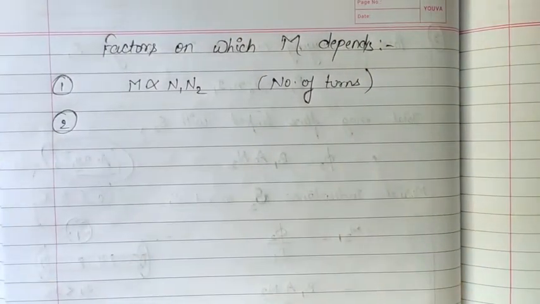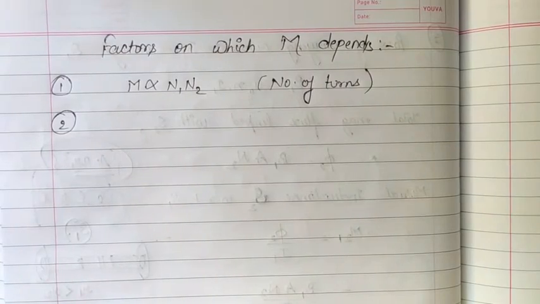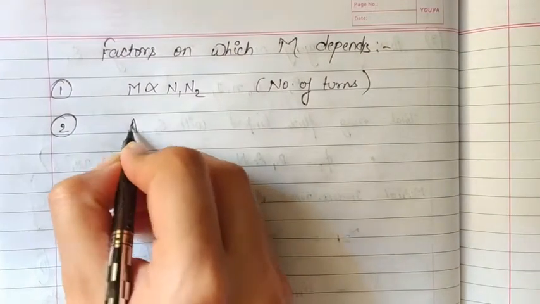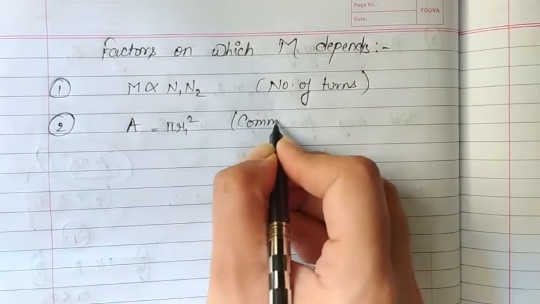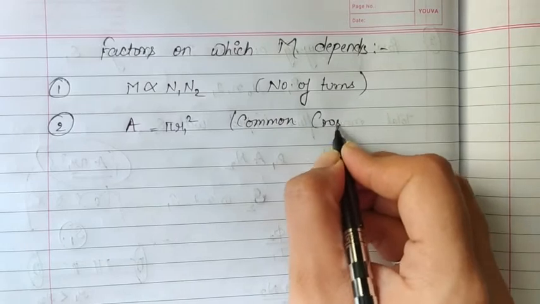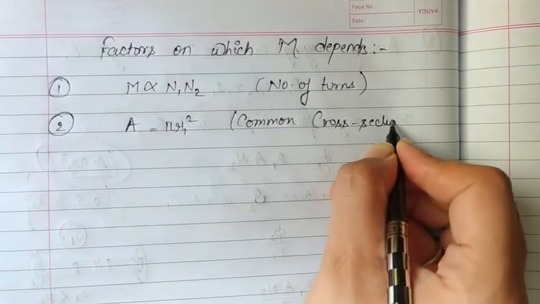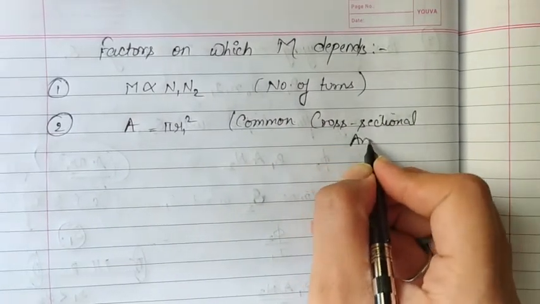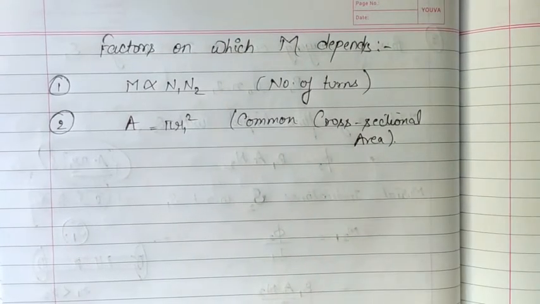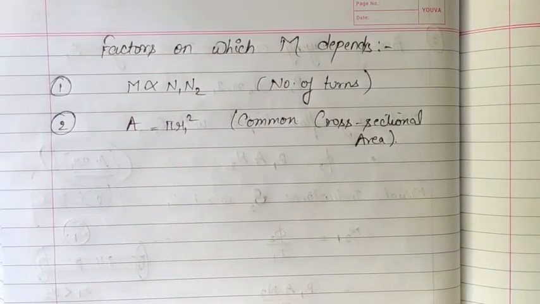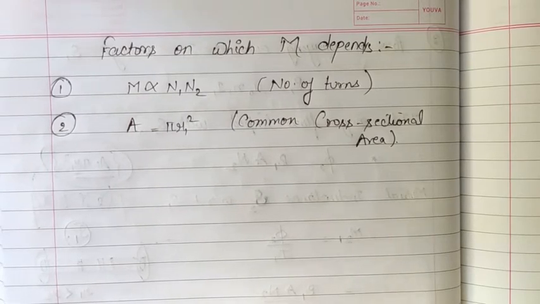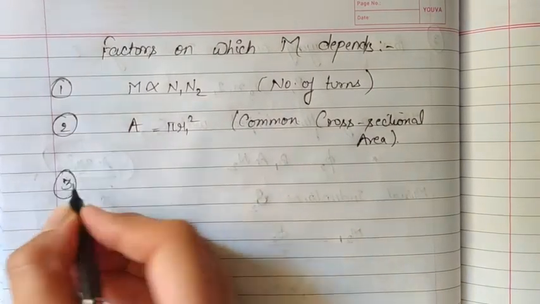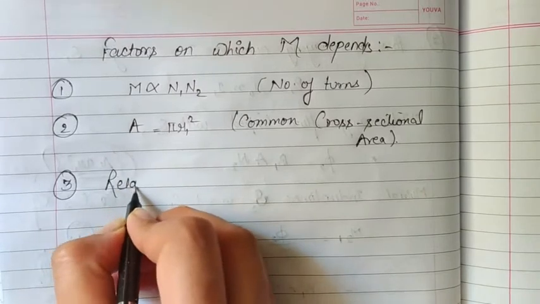The second factor is the common cross sectional area, that is capital A, which is equal to pi r1 square. So larger the common cross sectional area of two solenoids, larger will be their mutual inductance, because mutual inductance is directly proportional to capital A. Now the third factor is their relative separation.